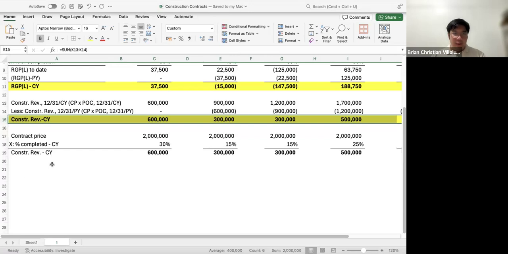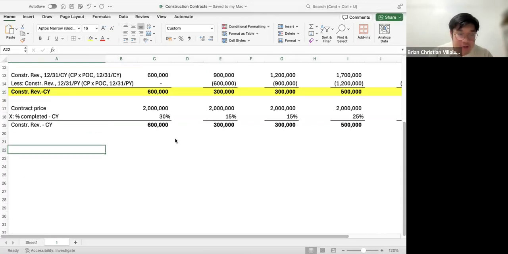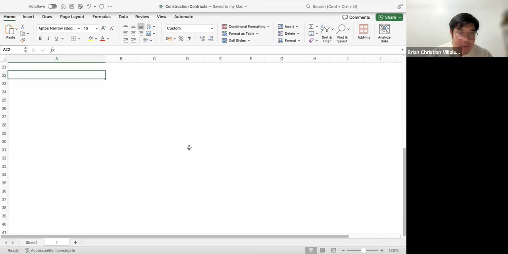Right? Number three. Number three is to determine the construction in progress account balance for December 31 from 2024 through 2028. So, paano naman natin gagawin si number three? Okay? So, ang formula natin dyan for CIP account balance is number one, cost incurred to date, December 31, pero hindi ako maglalagay ng year.